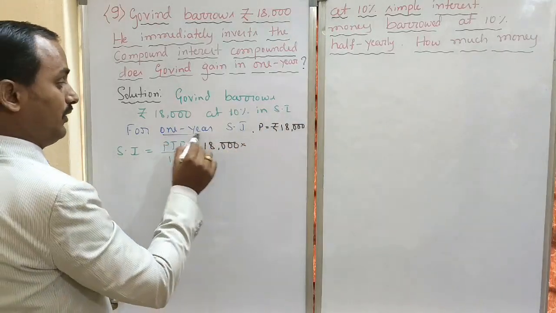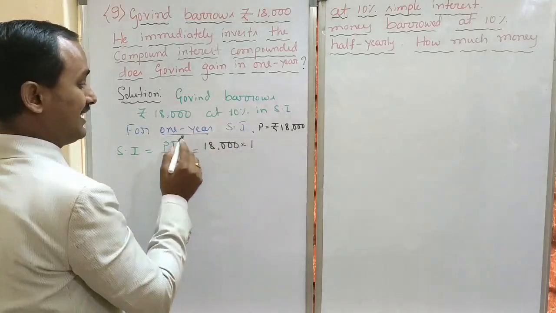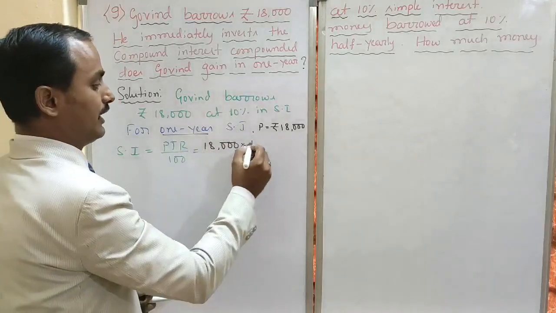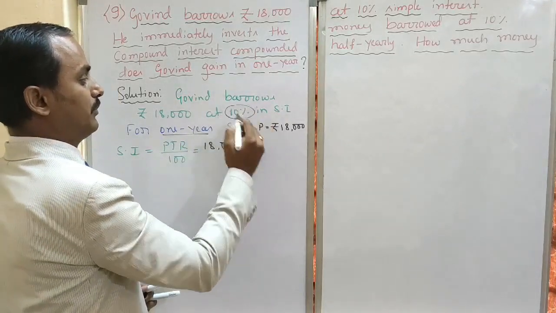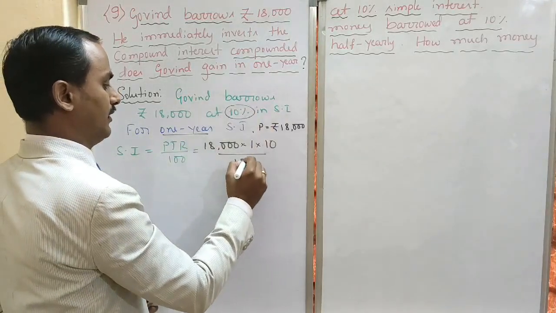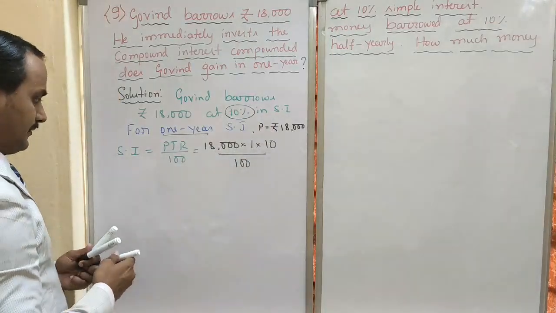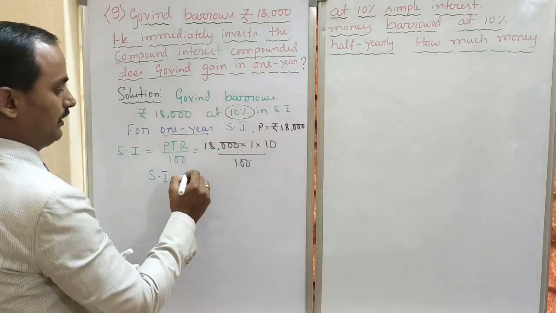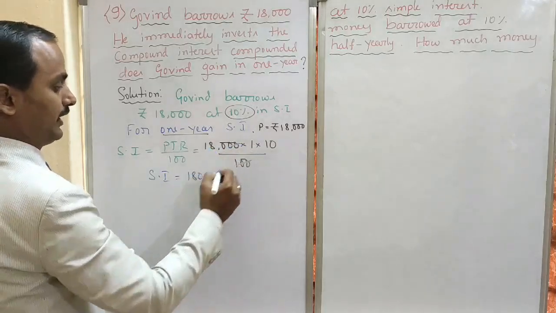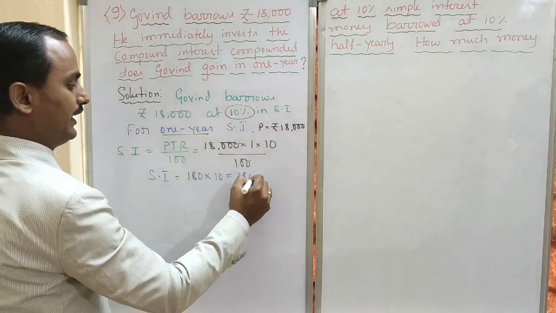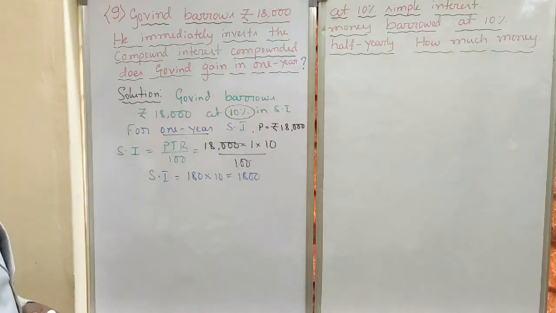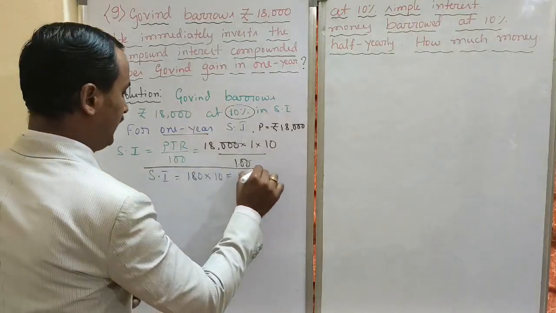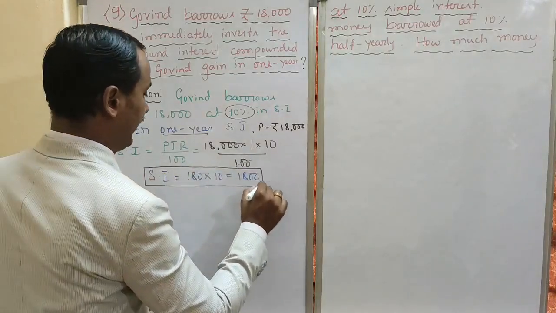Time is only 1 year. In case simple interest for 2 years, in the place of T I will write 2. Time is 1 year. Rate of interest is 10%, 10 divided by 100. What did the simple interest become? Simple interest is equal to 18000 into 10 over 100. It became 1800. The simple interest became 1800. Understand? This is the simple interest for 1 year for 18,000.